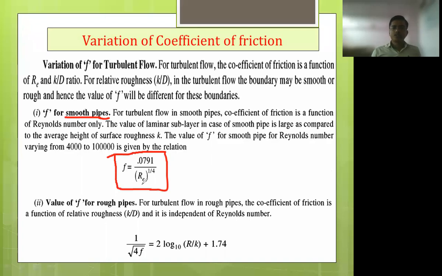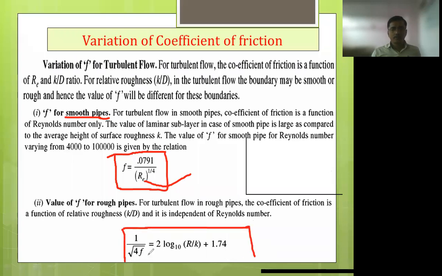Coefficient of friction ची व्हॅल्यू कशी फाइंड आउट करायची? बाय युजिंग रेनॉल्ड्स नंबर. ओके, त्याचा वापर करून हे स्मूथ पाईपची कोएफिशिएंट ऑफ फ्रिक्शन जो आहे तो आपण त्या ठिकाणी फाइंड आउट करू शकतो. जर पाईप रफ पाईप असेल त्या केसमध्ये द व्हॅल्यू ऑफ कोएफिशिएंट ऑफ फ्रिक्शन it can be obtained by using this formula.